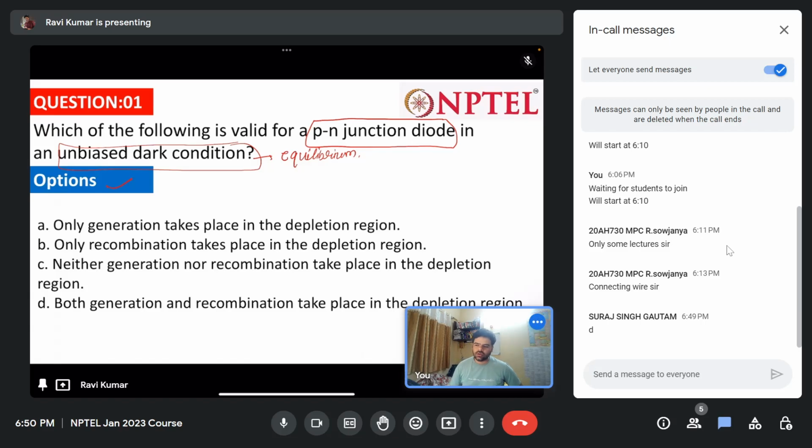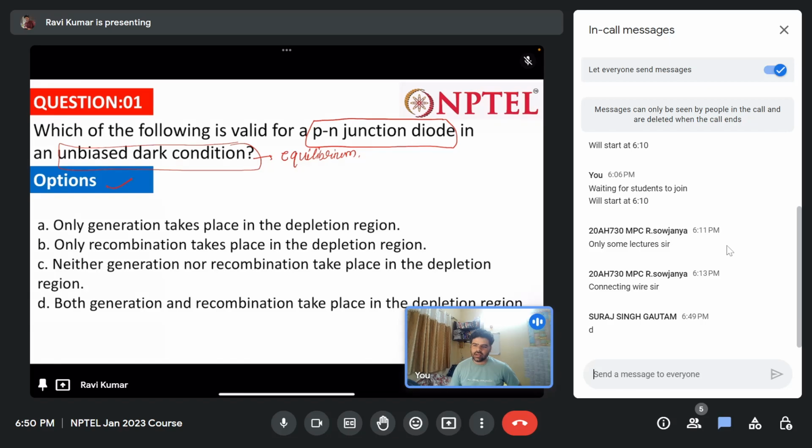Okay, Suraj says D, both generation and recombination take place in the depletion region. Okay, I am asking under equilibrium condition. What is the source of generation? I totally understand that if there is some generation, then recombination will take place.